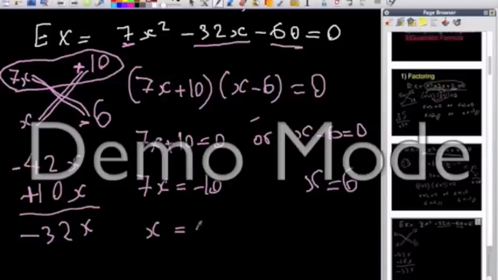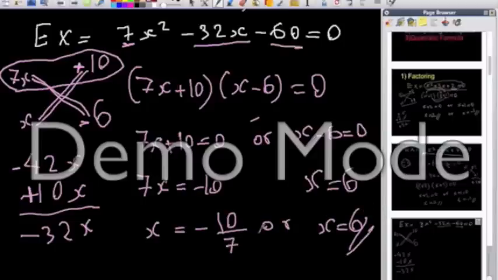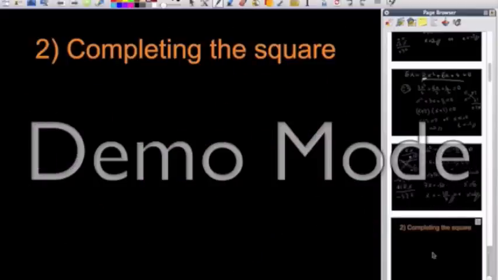X equals negative 10 by 7, or x equals 6. These are our two answers. So now we know how to solve the equation if our a is not divisible by all the numbers in the whole equation.